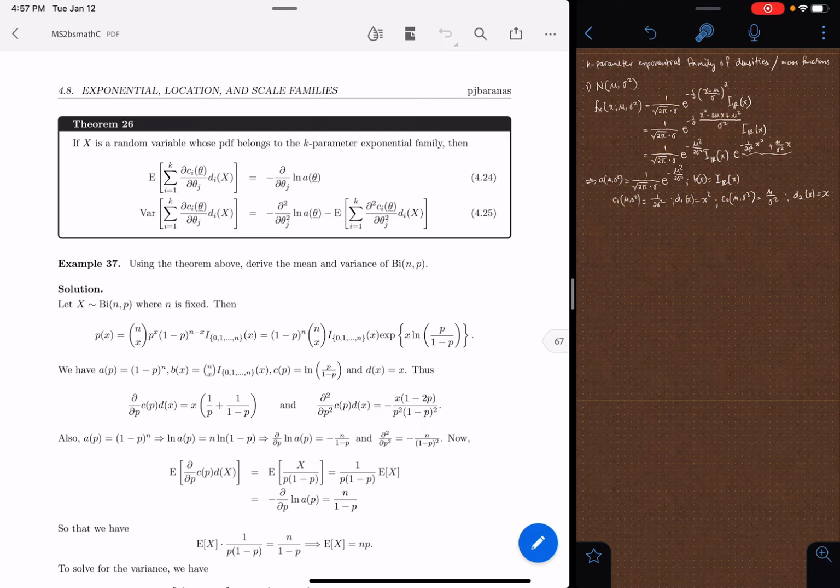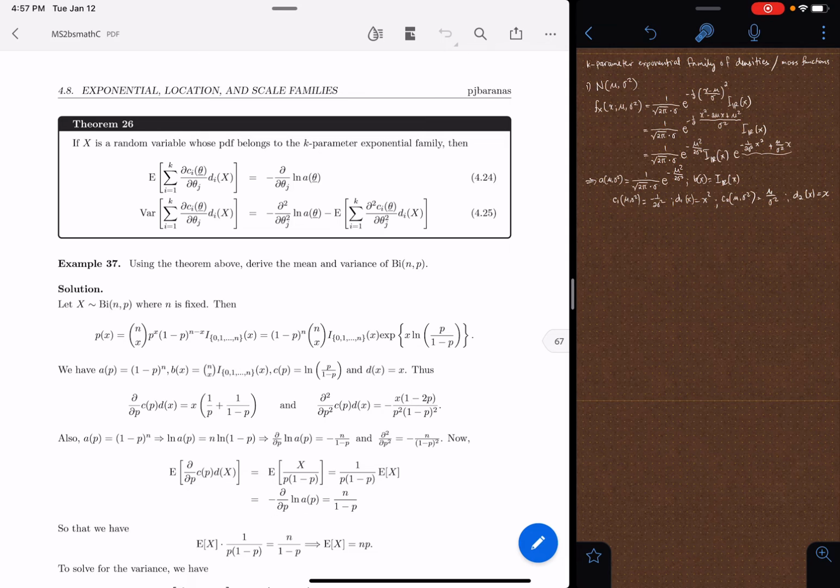Okay, so using these results, we can derive the mean and the variance of a random variable whose density or mass function belongs to the k-parameter exponential family. Kasama na dito yung 1-parameter class. Mas general kasi ito na definition, yung k-parameter exponential family.